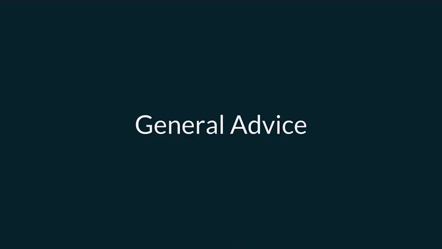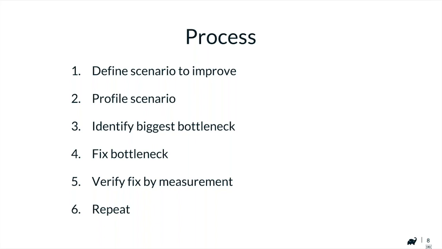Yep. Before we go into the individual points where you can improve your builds, I just have some general advice, and that is first and foremost the process on how you work with performance. It's very important to follow that. You want to start with defining what you are trying to improve. Yep.